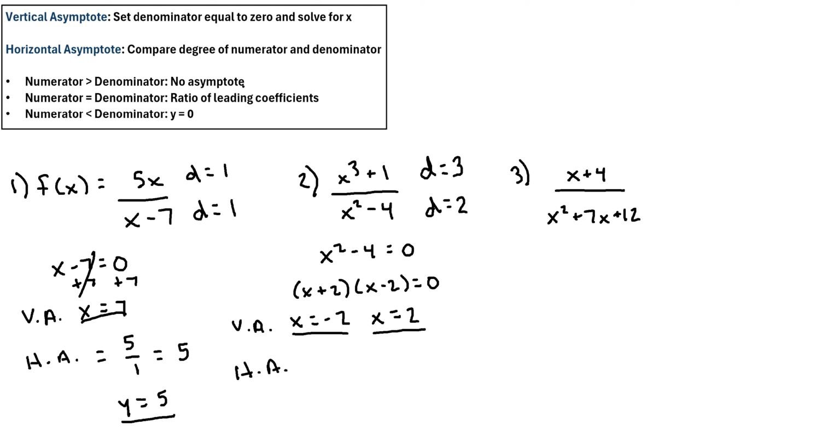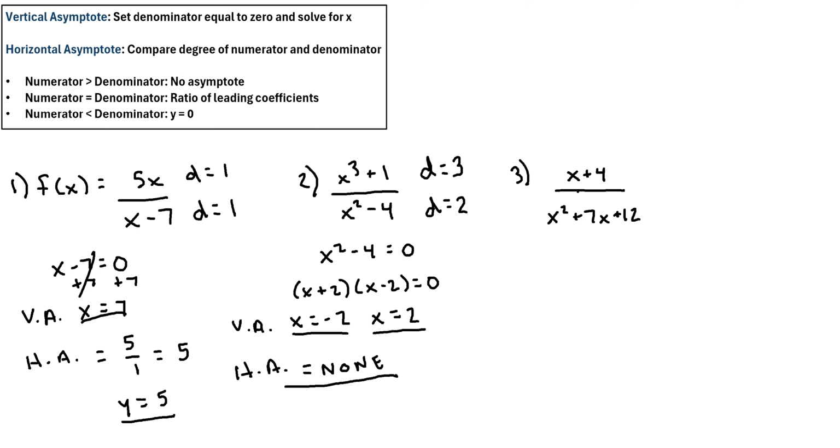And now let's check out our rules of thumb. When the degree of the numerator is greater than the degree of the denominator, there is no horizontal asymptote. So in this case, we will write none. So we had two vertical asymptotes and no horizontal asymptote.